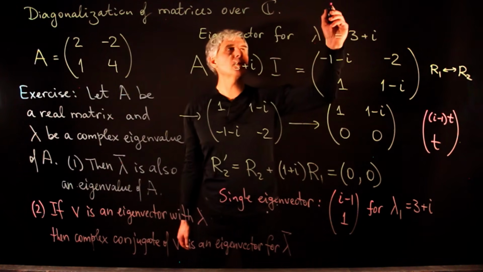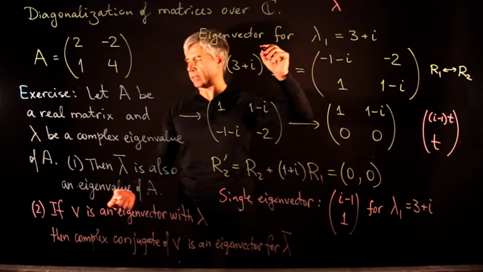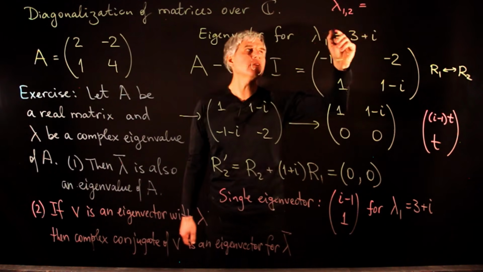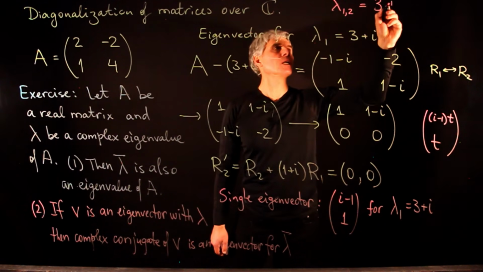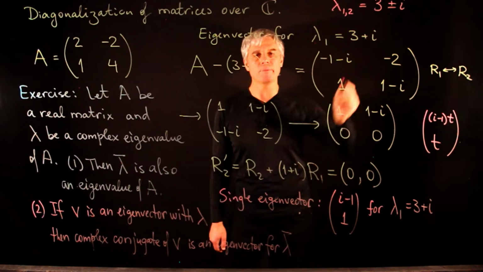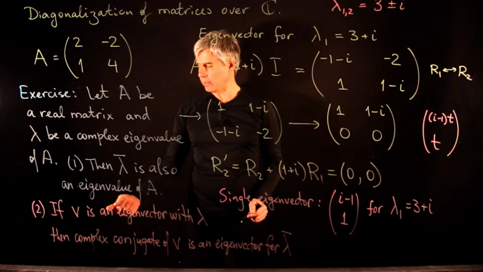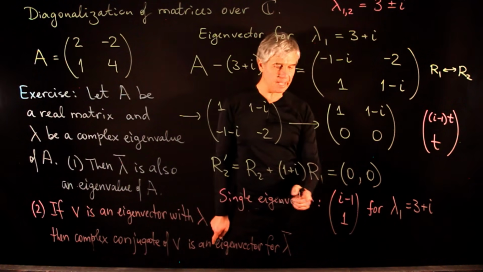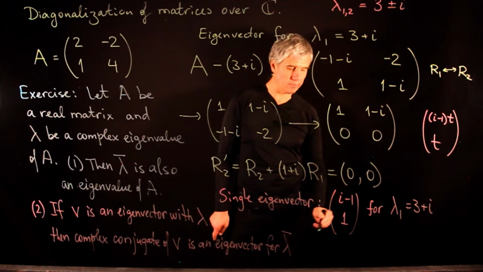So we have seen explicitly that the first part holds for this matrix. We saw that the two eigenvalues are 3 ± i. This is a pair of conjugate complex numbers. If we apply the second part of this principle, then we will get the second eigenvector for the conjugate eigenvalue.